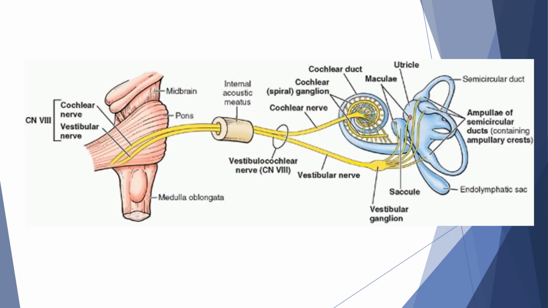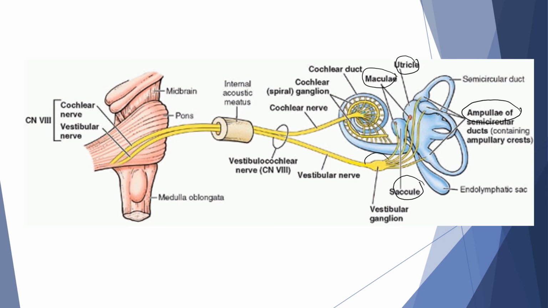This is how the vestibular and the cochlear nerve is formed. Vestibular nerve comes from the saccule and the utricle. The sensory cells in the saccule and the utricle, where there are areas called the macula on which the sensory cells are present, and also the ampullae of the semicircular ducts.